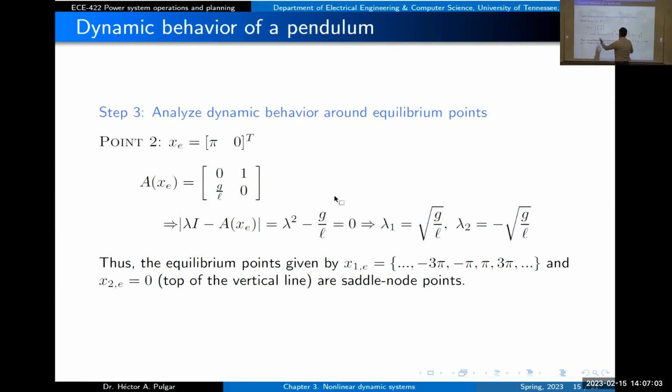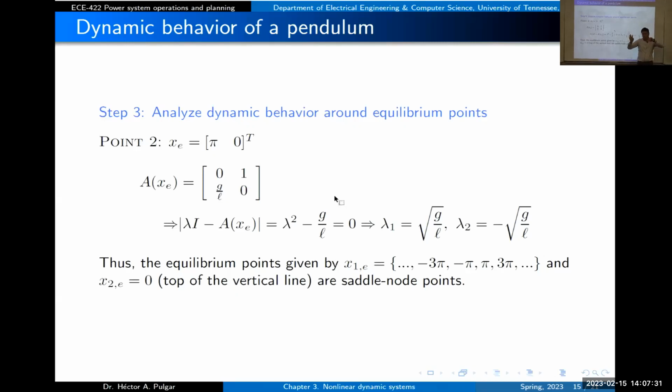And again, we get the characteristic equation. We solve, and in this case, the solutions for lambda are going to be two real quantities. One is positive and the other is negative. So we conclude that all the points in this sequence are going to be saddle node points.